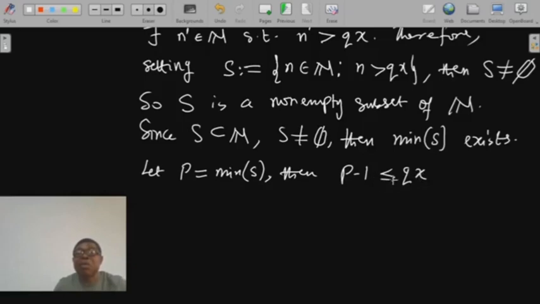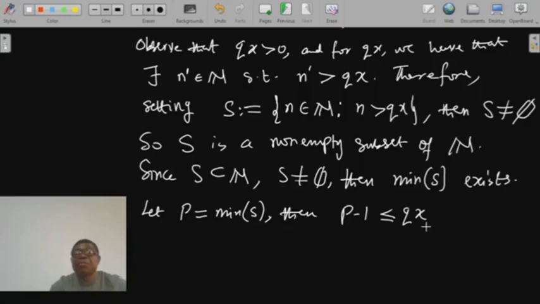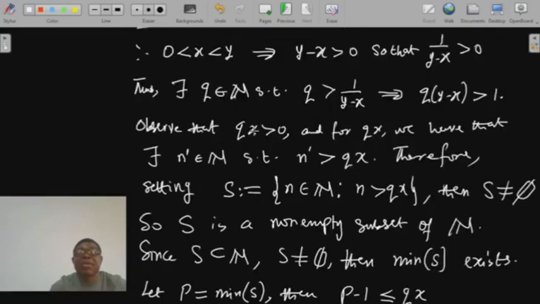V minus 1 must be less than or equal to Qx. So why is this so? This is so because if P is 1, then we have that V minus 1 is 0, which is less or equal to Qx, because we already have that Qx is greater than 0.